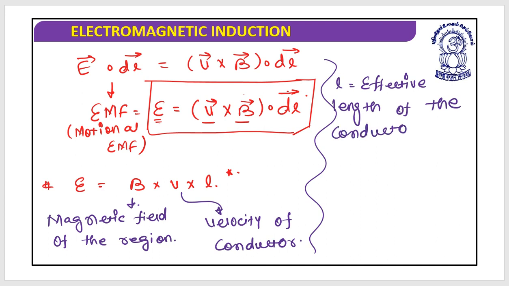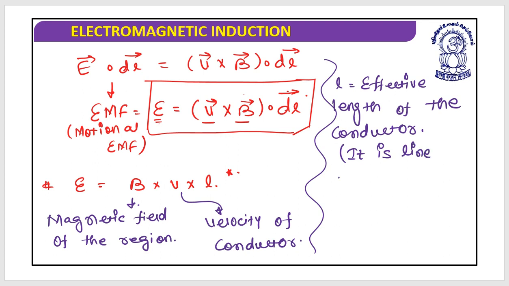While I say effective length of the conductor, I used this word when we studied moving charges and magnetism. We had the force acting on the current carrying conductor, F equals BIL sin theta. Even at that time L was taken as the effective length of the conductor.